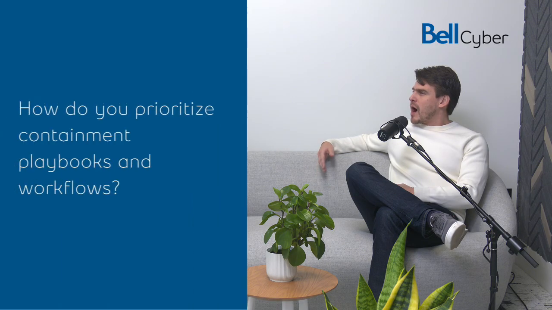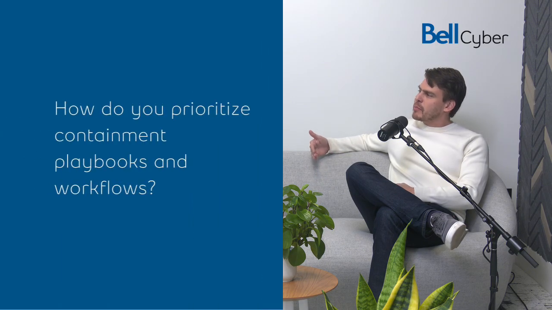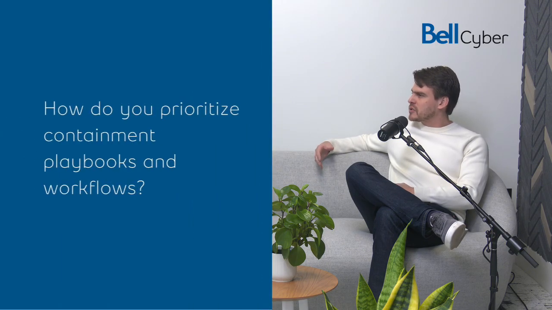In terms of all possible containment actions that we can take on our client environments based on their tools and technologies in the ecosystem of cybersecurity tools, how do you prioritize your containment playbooks? What do you work on first, and how do you categorize your work? So I would say it's a two-step approach on my side. Firstly, we tend to look at emerging threats and new attack vectors that are coming up in the entirety of the cybersecurity workspace.